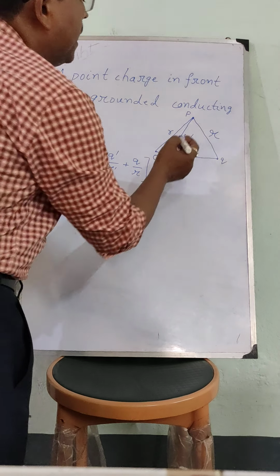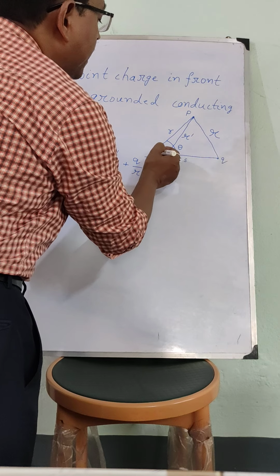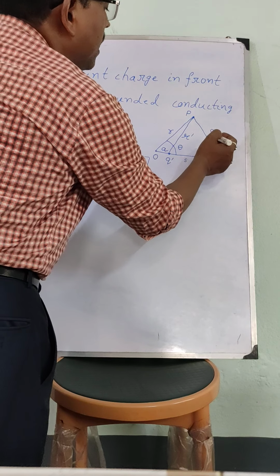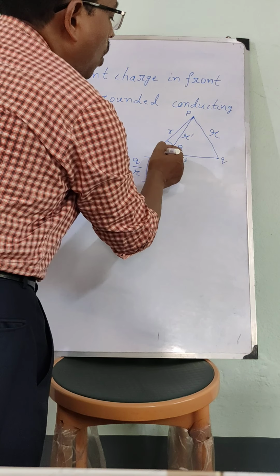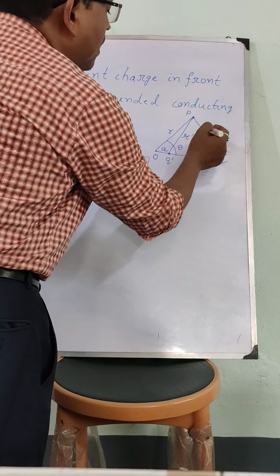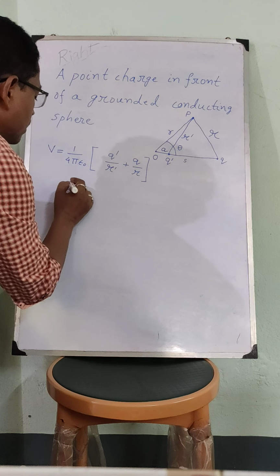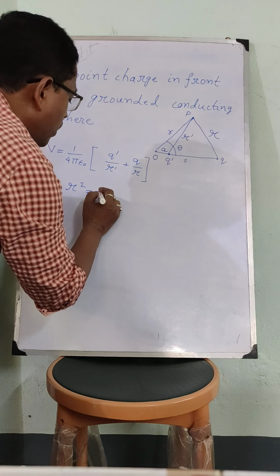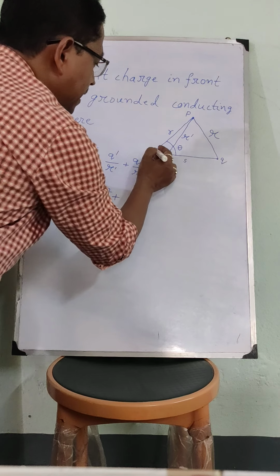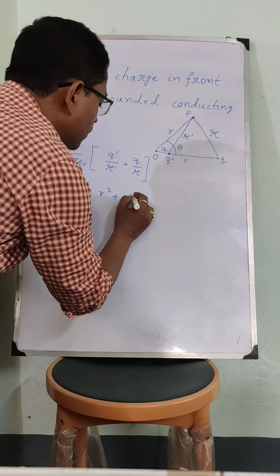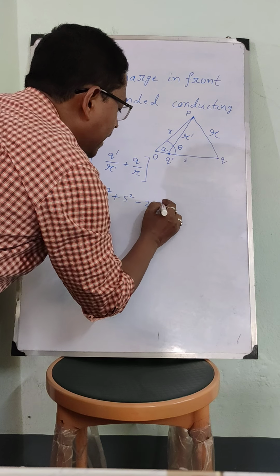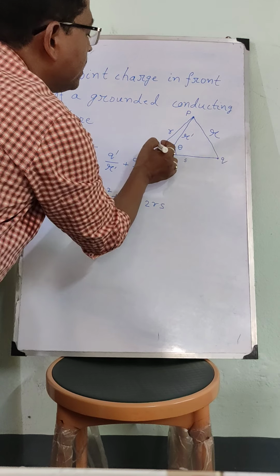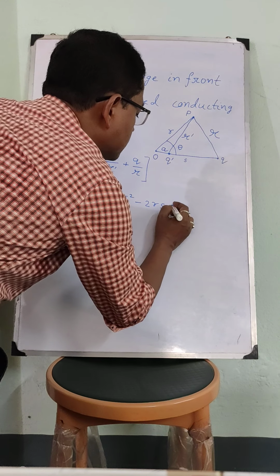Now, if you consider this triangle POQ, then by using the law of cosine, I can write r square is equal to small r square plus s square minus 2rs cos theta, where theta is the angle between this line and this line.